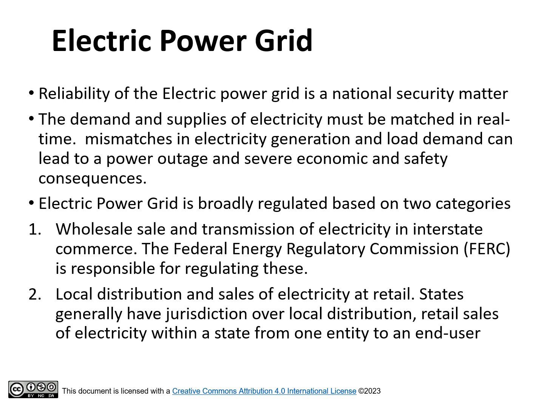Number two, local distribution and sales of electricity at retail. States generally have jurisdiction over local distribution: retail sales of electricity within a state from one entity to an end user. Note that reliability concerns for the electrical power grid are amplified by increasing the system's openness in order to integrate more distributed energy resources.